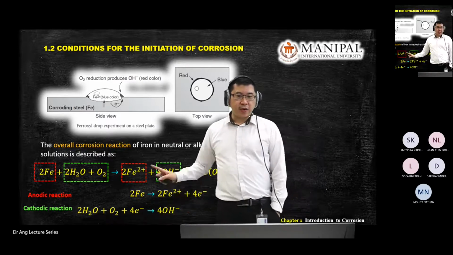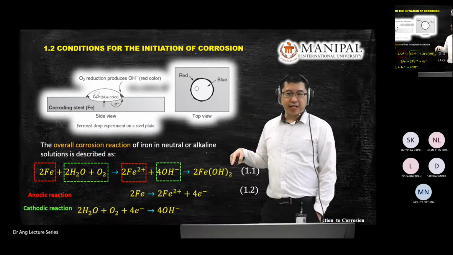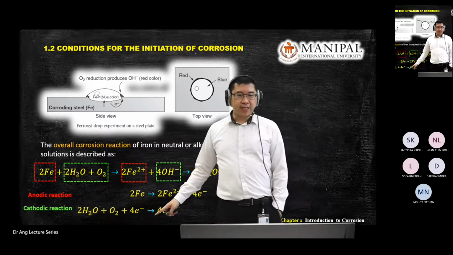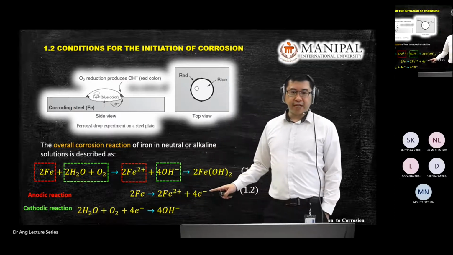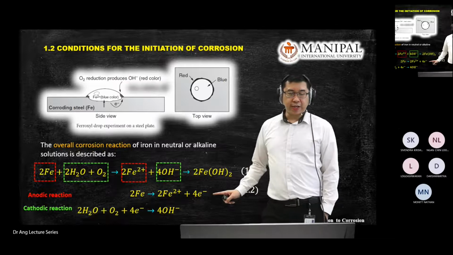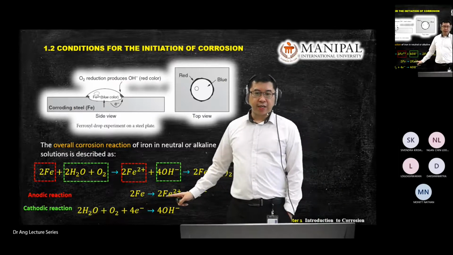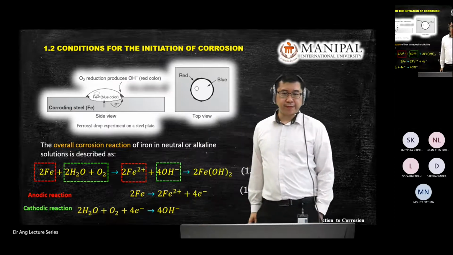Why in the first equation here you don't see electron negative, but suddenly when it comes to cathodic reaction, there's a 4 negative there? The 4 negative is from equation 1.2, from the anodic reaction. It contributes to this cathodic reaction.